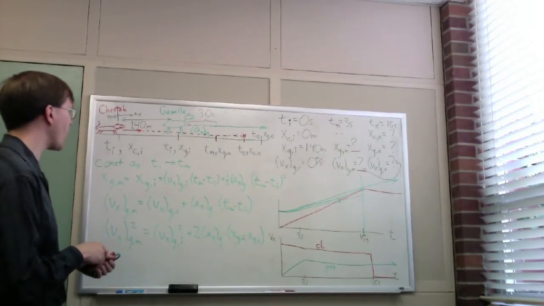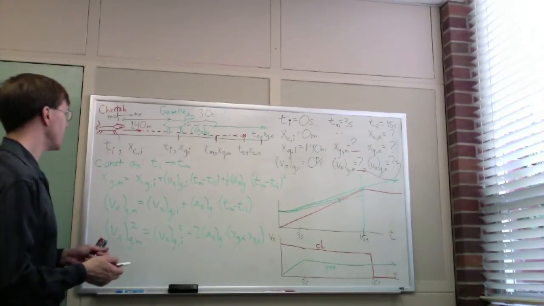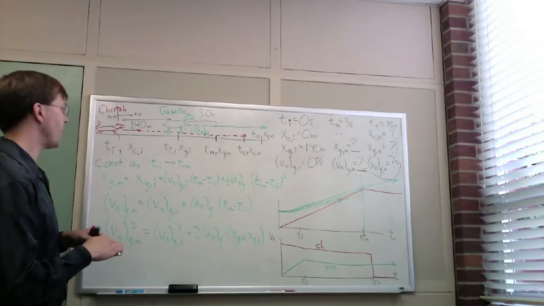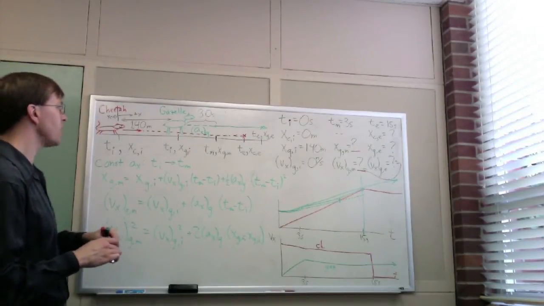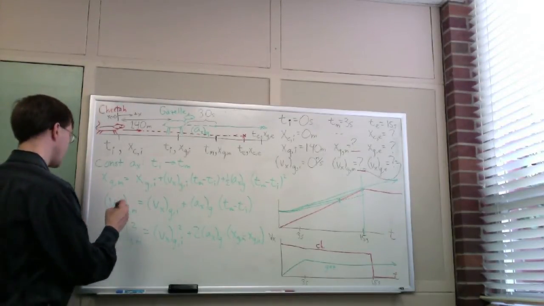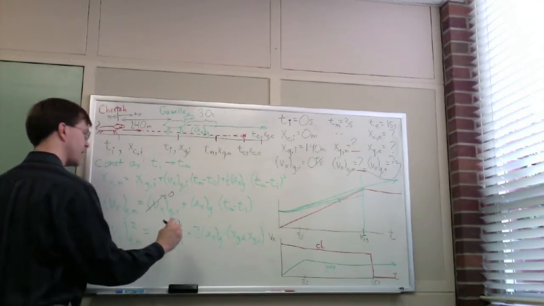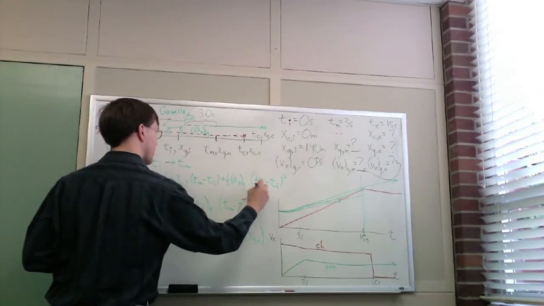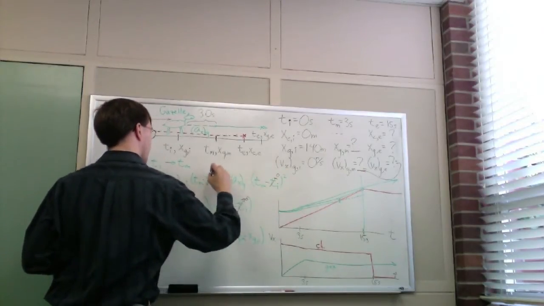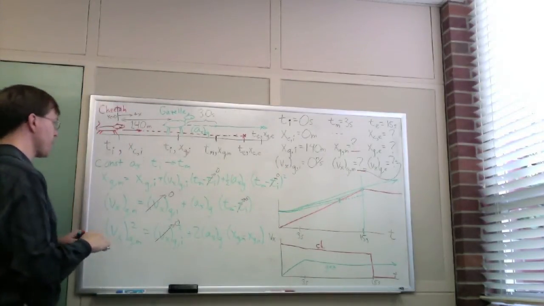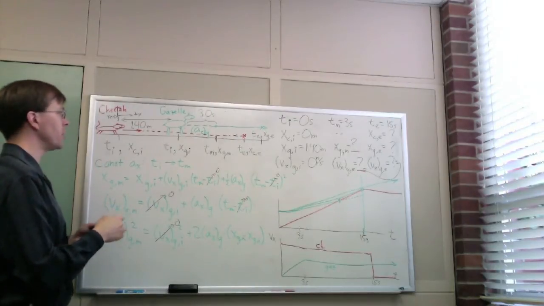And I want to plug in anything that's 0. The gazelle's initial velocity is 0, and the initial time is 0. So the gazelle's initial velocity is 0 here and here, and initial time is 0 here, here, and here. I may as well note down what my unknowns are.